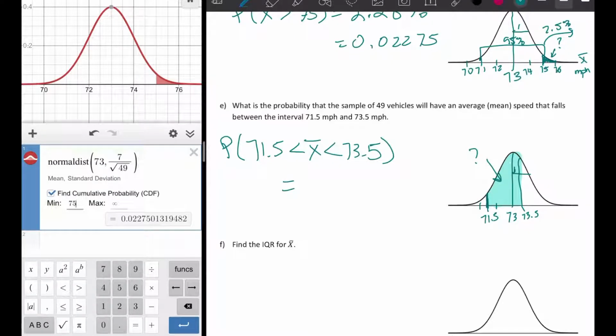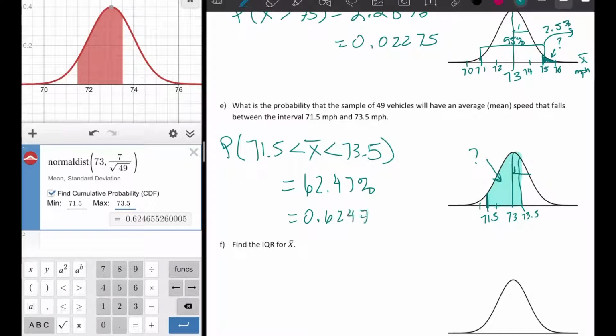I'll just change my minimum to 71.5 and my maximum to 73.5. Notice every time I'm including my picture, my probability statement, and my answer. So here, this is 62.47%, or as a decimal, 0.6247.